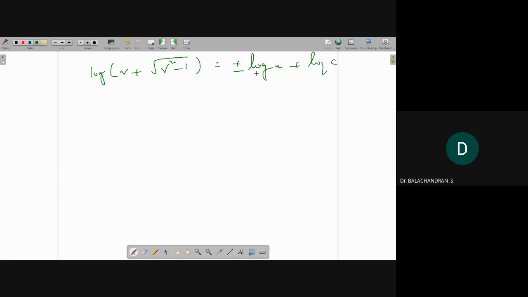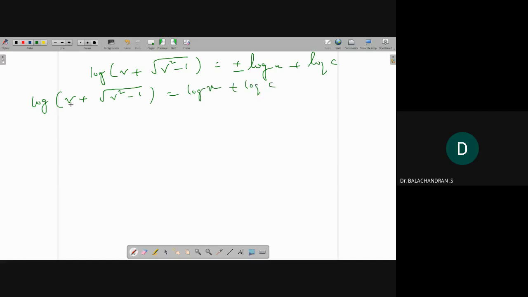So here also there are two cases, plus log x, another one is minus log x. If it is plus log x, I'll write here: log of v plus root of v square minus 1 is equal to log x plus log c.